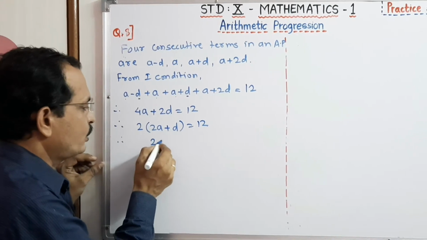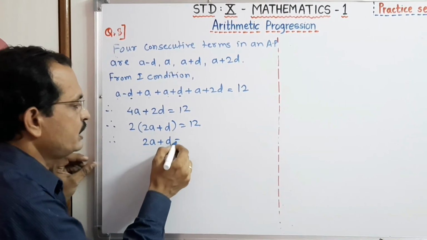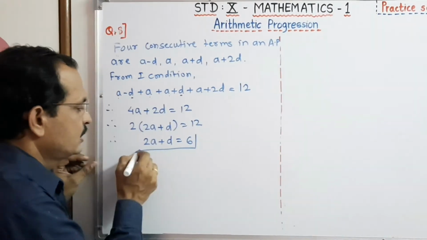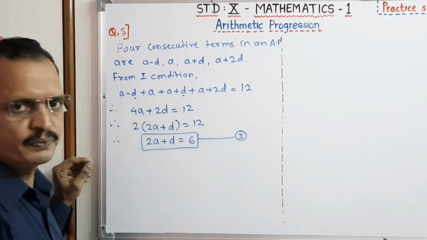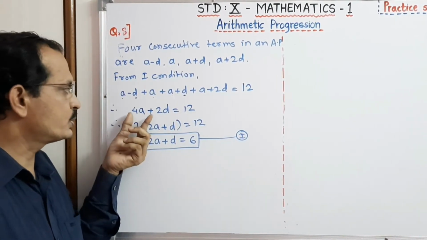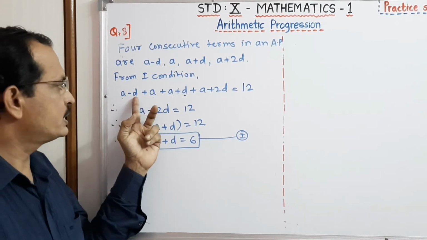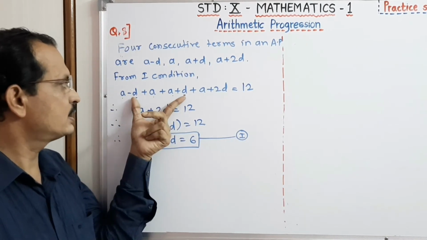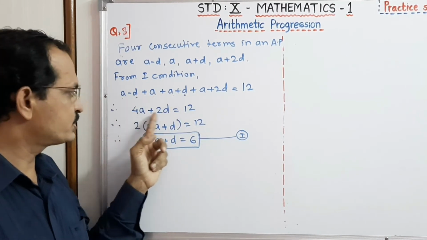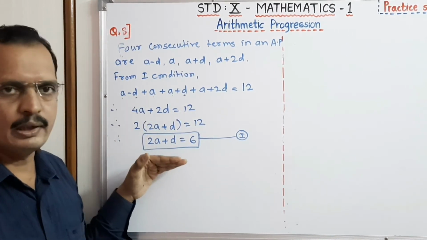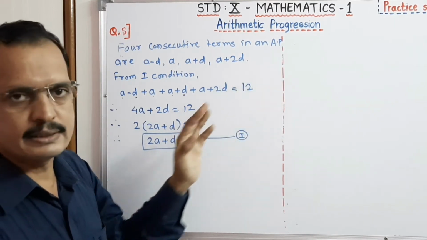Therefore we get here 2a plus d is equal to 6. This is equation number first. See here, dear students, all of you understand this minus d and plus d get cancelled. This 2d, a, 4a, and from this we can take out 2 as a common. That will help us to solve further easily.